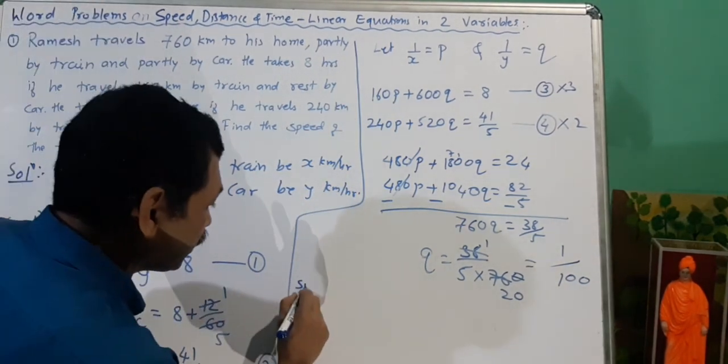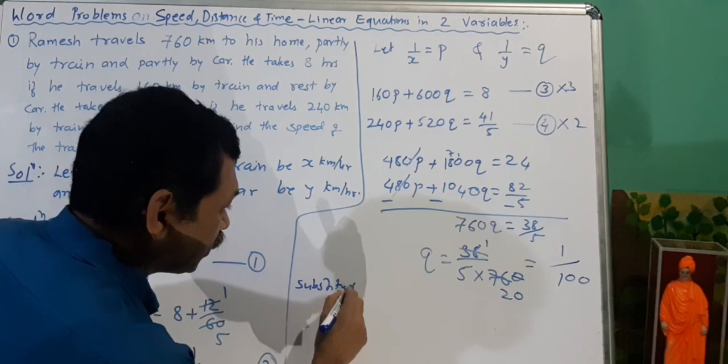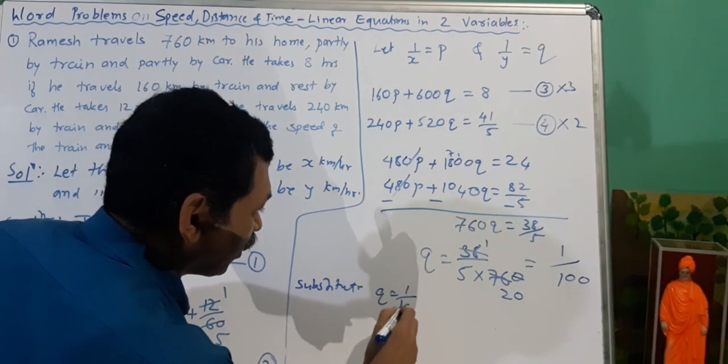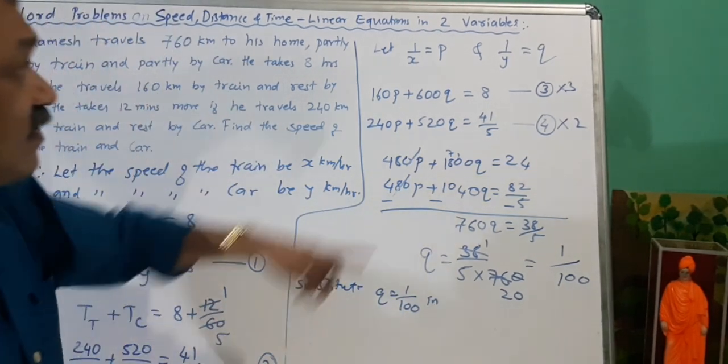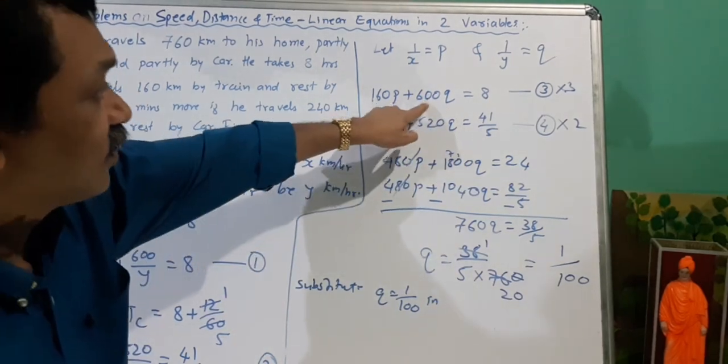So substitute q is equal to 1 upon 100 in either 3 or 4. I will substitute in 3 because it becomes easy here.